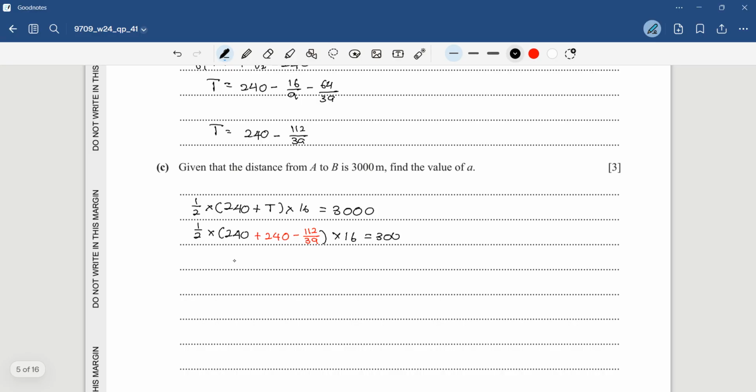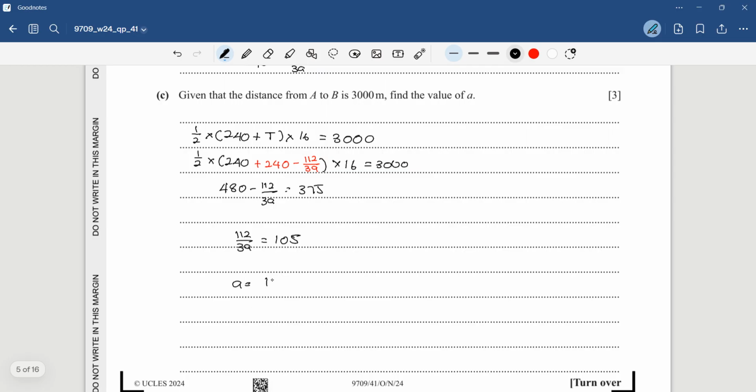Okay, so simplify this, you get 480 minus 112 over 3A, 3000 divided by 8. This will be 375. Therefore, 112 over 3A will be, I get 105. Therefore, my A will be 16 over 45.